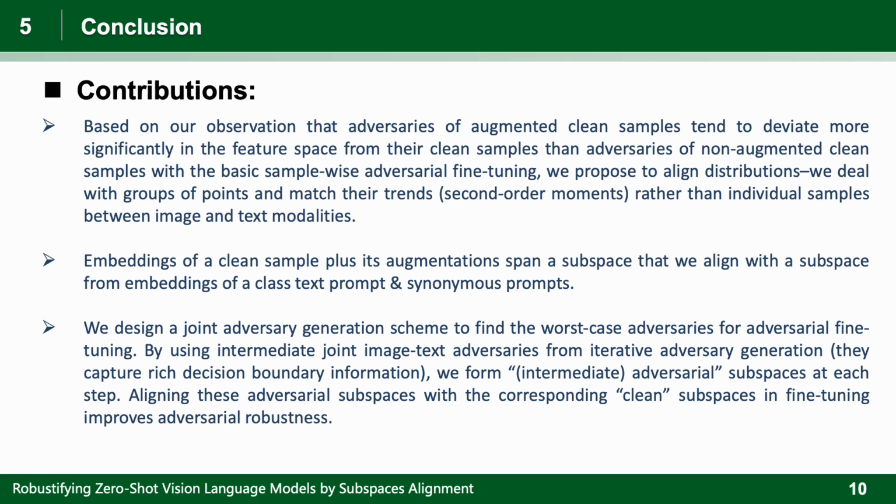And we further introduce subspace alignment from embeddings of a class category text prompt with synonym prompts. We also design a joint adversary generation scheme to find the worst-case adversaries. And aligning these adversarial subspaces further achieves a better performance in terms of robustness and clean accuracy.